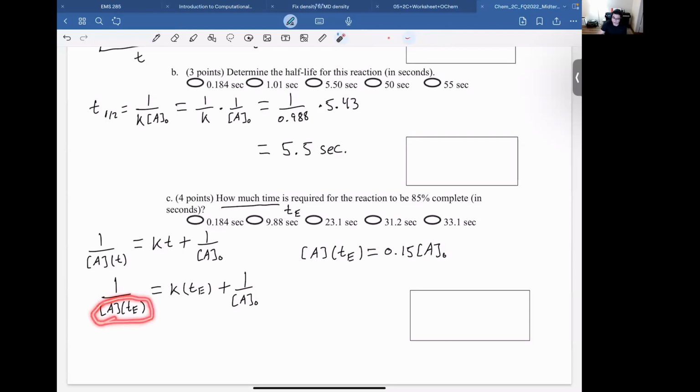You have an unknown here, right? You want to get rid of this concentration. You don't care about it. You want to solve for the time. So if you plug that in, you get 1 over 0.15 times A naught is equal to K times the time that this is taking.